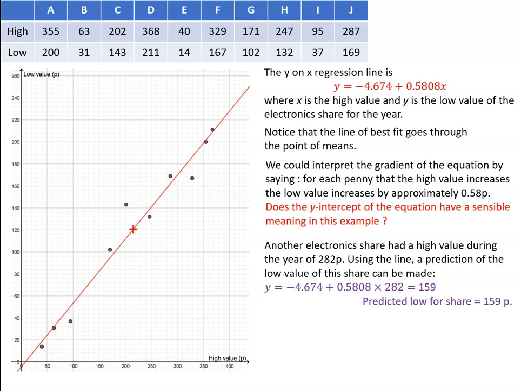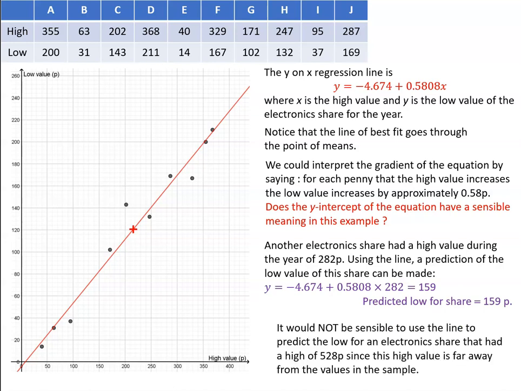So we've got a predicted low price for the share of 159 pence. That's fine in this case because 282 for the high value is well within the range of x values that we've got in the sample. The lowest x value we had was somewhere around about 40, the highest x value we had was somewhere around about 350.